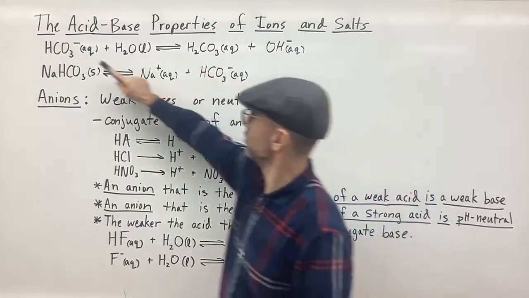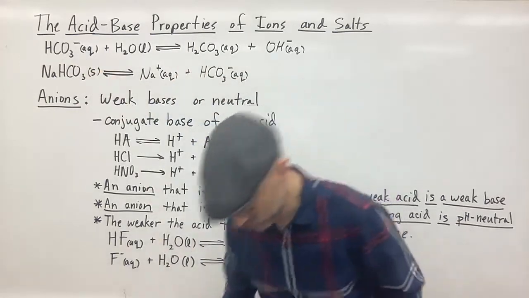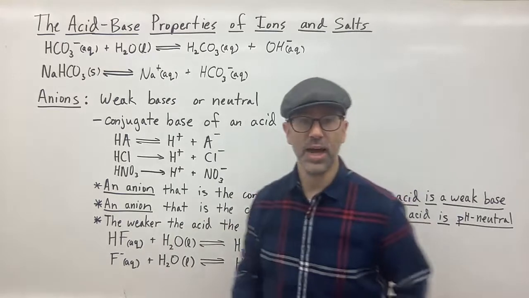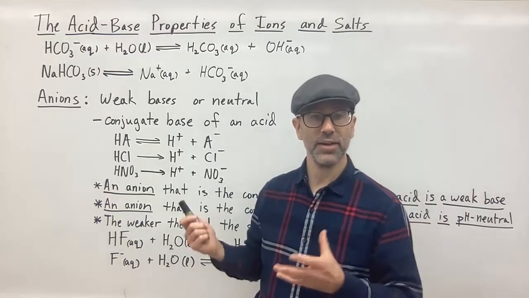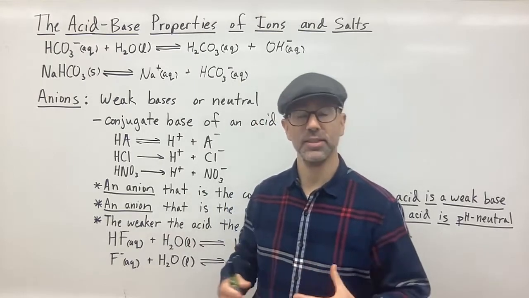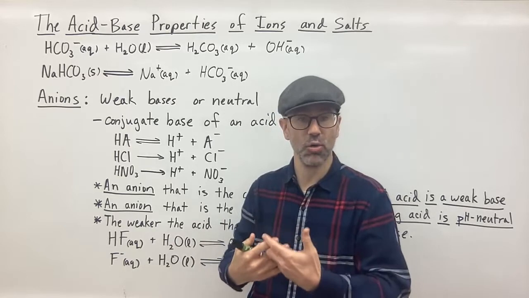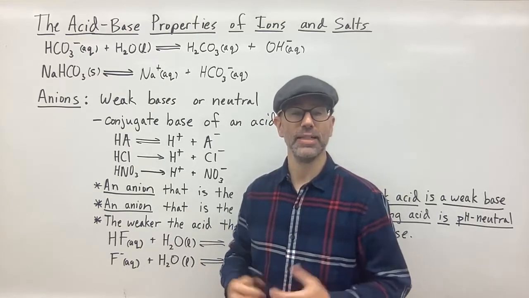So this is acting as a base, but your bicarbonate ion does not exist by itself. It's usually in the form of a salt. So these anions exist together in a neutral compound, a salt or an ionic compound, and that's how they exist.